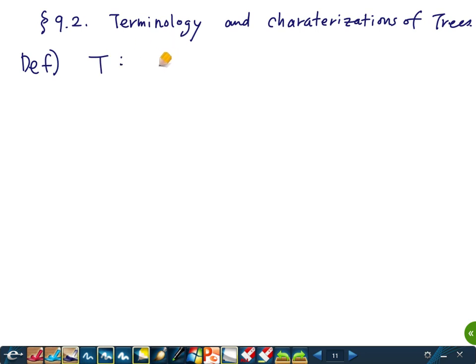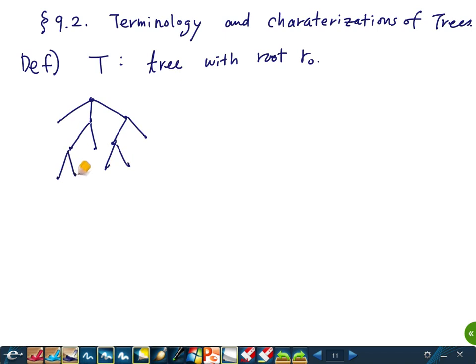T is a tree, a rooted tree. So let me give you an example, like that.